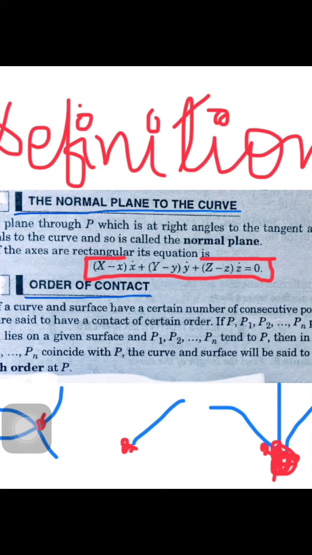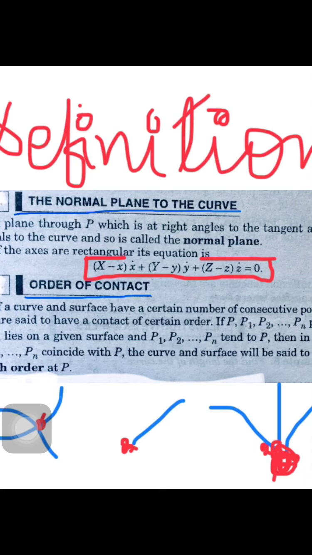It is nothing but (X minus x) times x dot, meaning the first differentiation of x, plus (Y minus y) times y dot, the first differentiation of y, plus (Z minus z) times z dot, the first differentiation of z, is equal to 0.